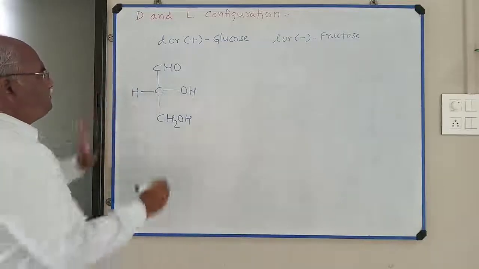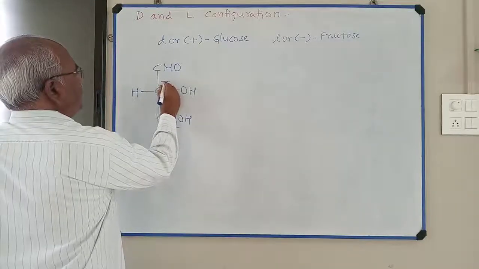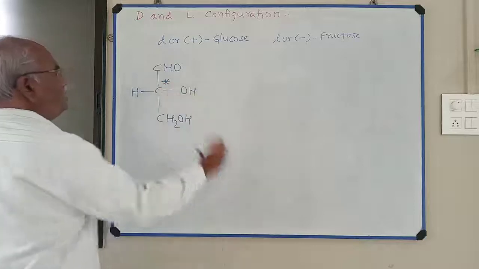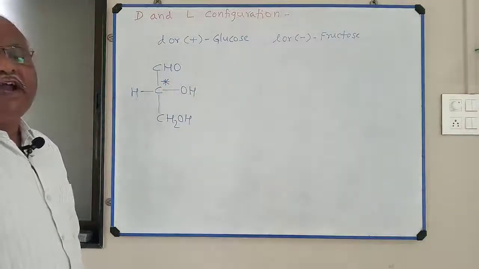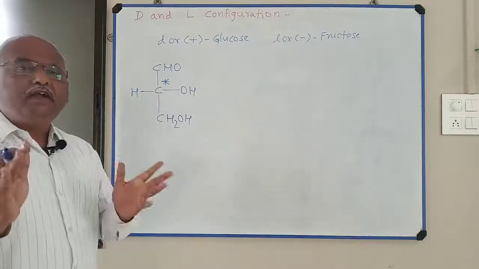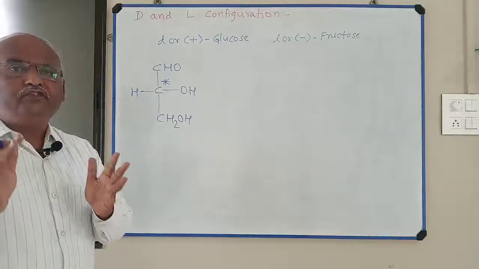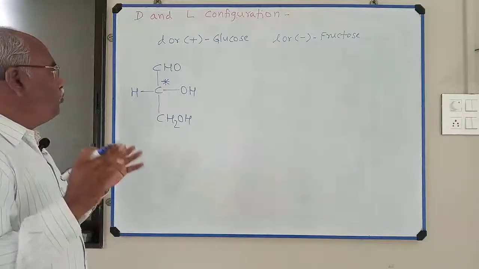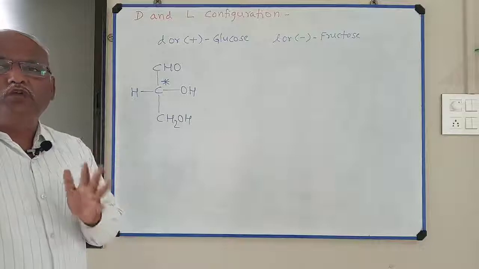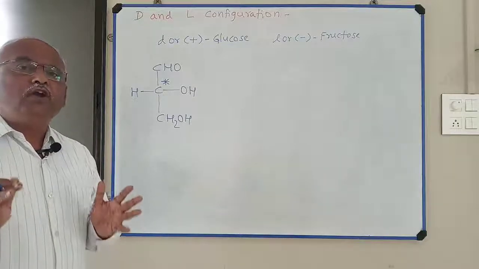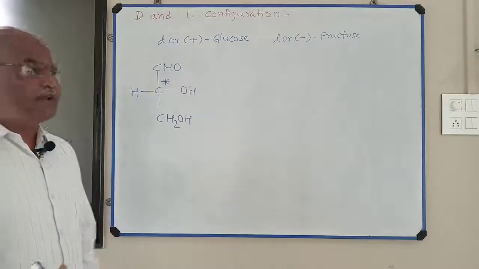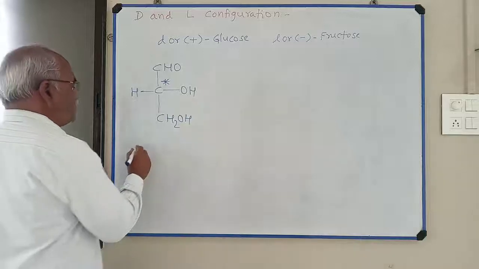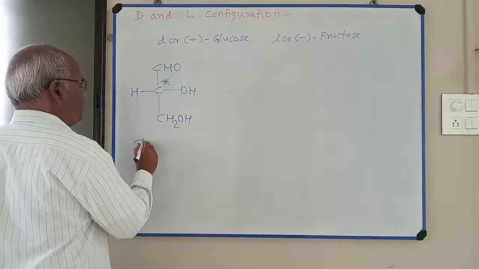This carbon is a chiral carbon atom or asymmetric carbon atom. A carbon atom which is bonded to 4 different atoms or groups is called asymmetric carbon atom, and this compound is glyceraldehyde.